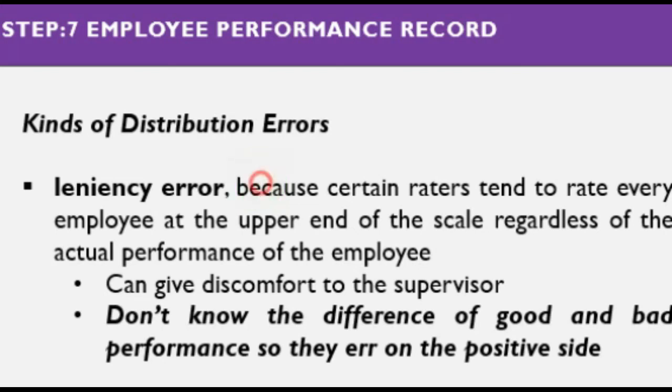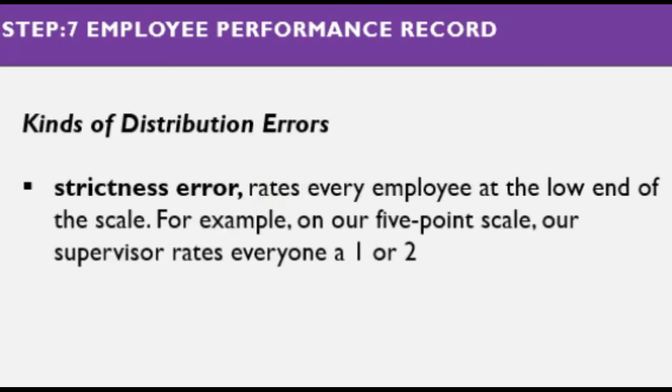Next, we have strictness error. It rates every employee at the low end of the scale. Okay? For example, on our 5-point scale, our supervisor rates everyone a 1 or 2. Okay? Yung masyado namang istrikto yung rater in regards do sa lower. Okay?